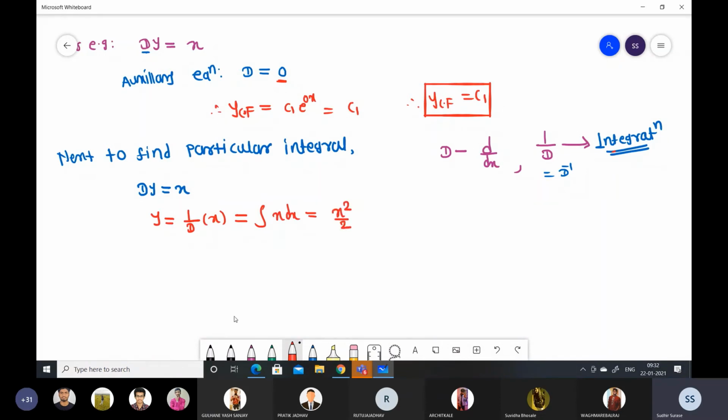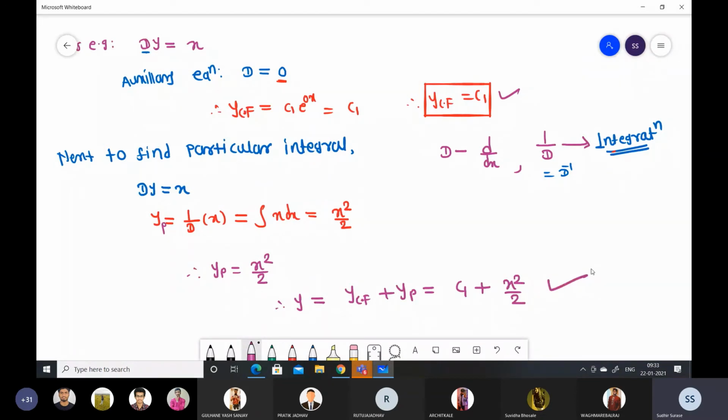And so instead of calling it y, let me call this a particular integral, yp. So therefore yp is equal to x square by 2. And earlier we got ycf. So the general solution is y = ycf + yp, that is c1 + x square by 2. This is the general solution of the given differential equation.